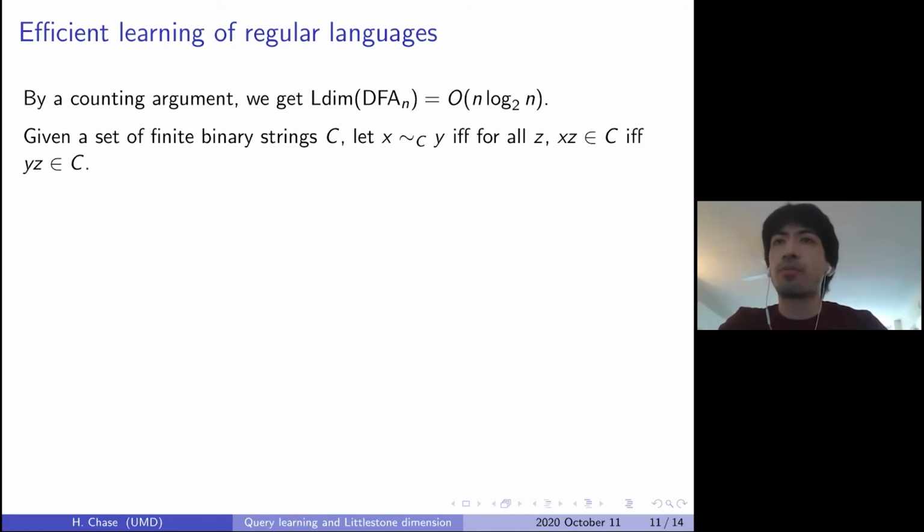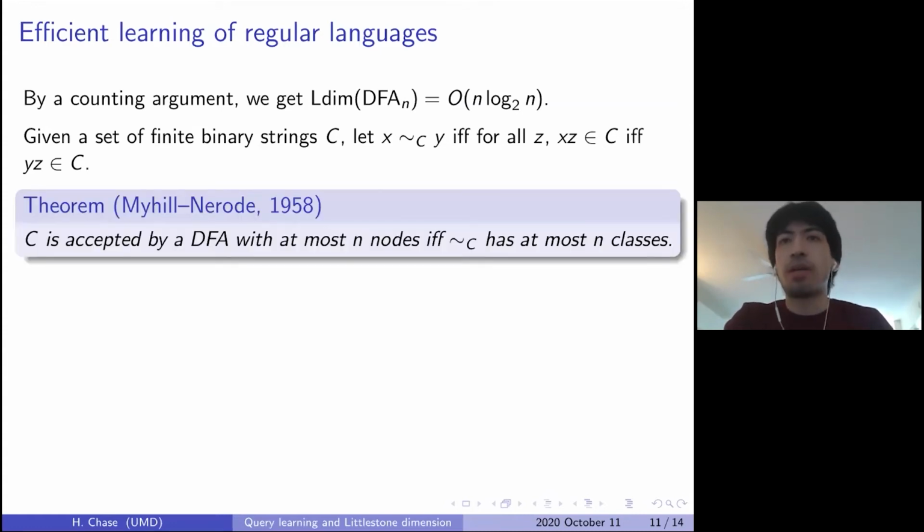Given a collection of binary strings, we'll say that x and y are related. We're thinking of C as our language. We'll say that two finite strings are related if and only if for any suffix, x with this suffix is in the set if and only if y with this suffix is also in this set. And this is an equivalence relation.